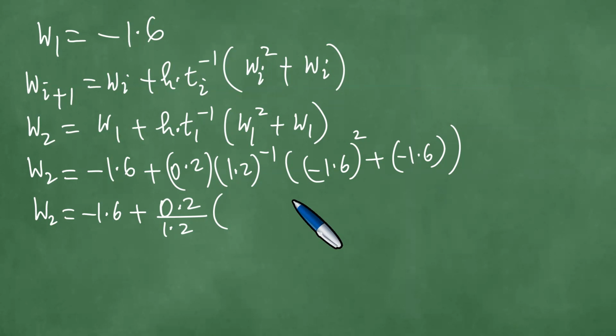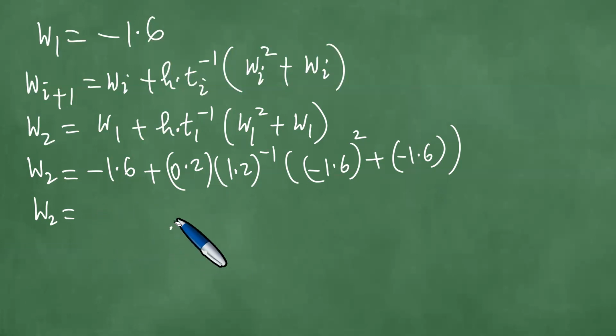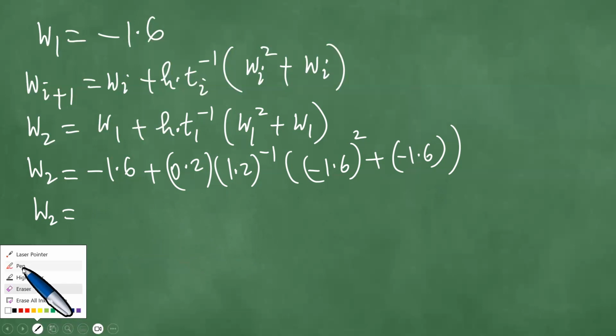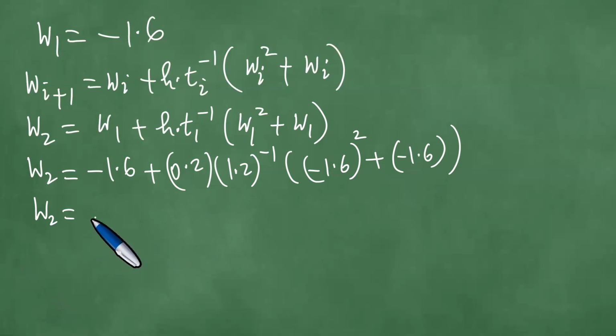I'm just going to write the answer because this one I did not do in advance. If I do everything the calculator is giving me, which I have to sort of believe is correct, it's minus 1.44. If it's minus 1.44, that's W2.